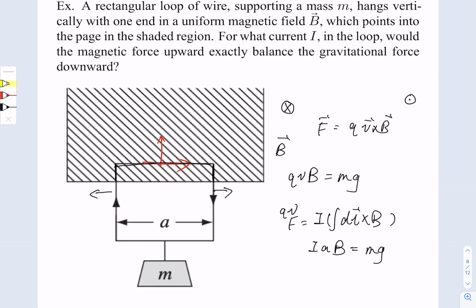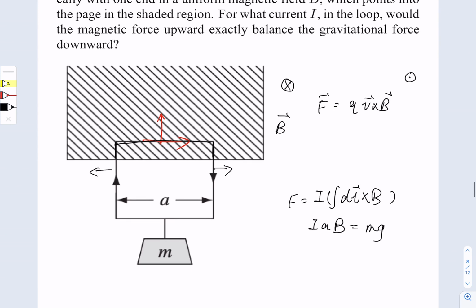So then the current that you need to balance the weight should simply be mg over A times B.